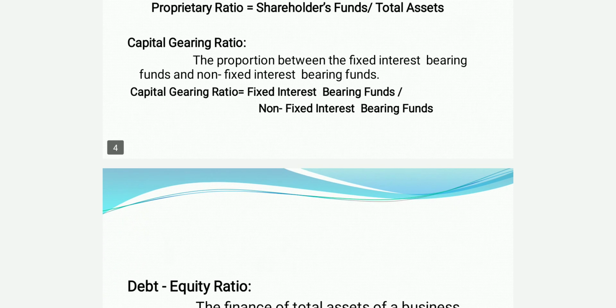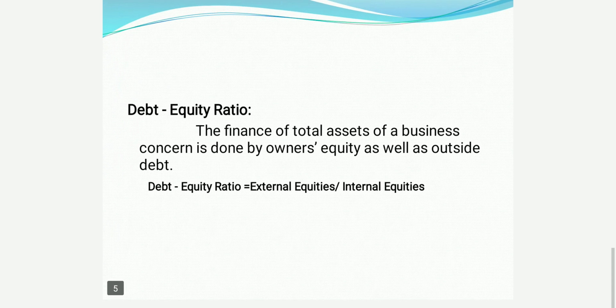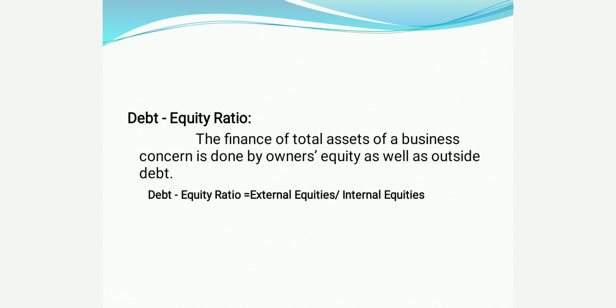Next one is debt equity ratio. Debt equity ratio means the finance of total assets of a business concern is done by owners equity as well as outsiders equity. That is called debt equity ratio.